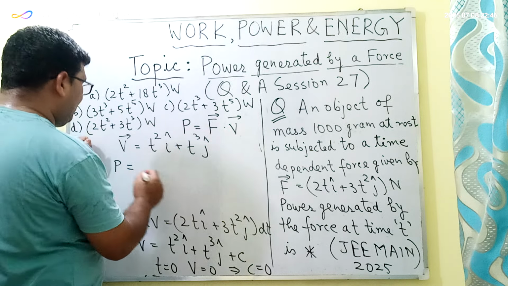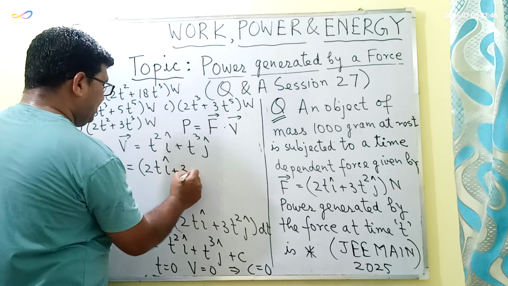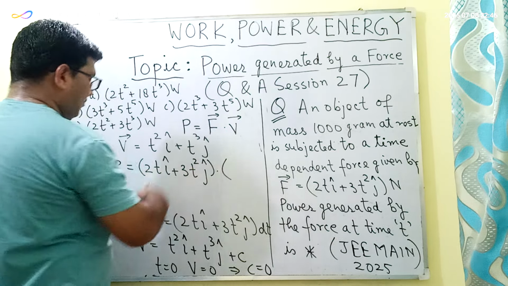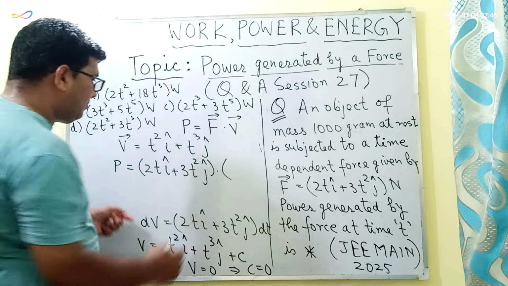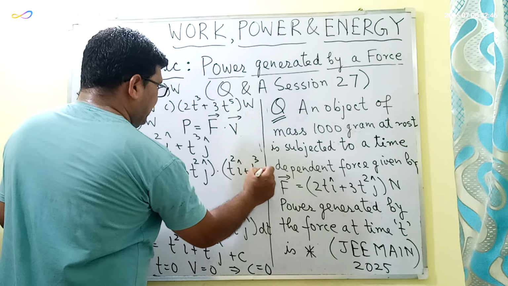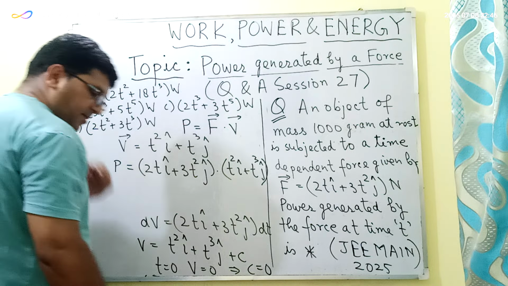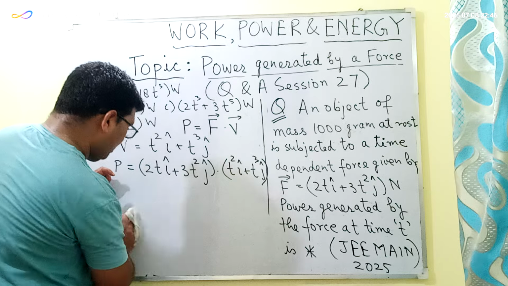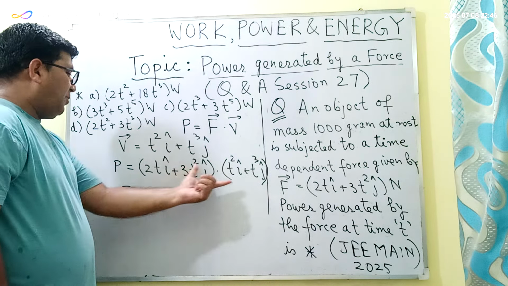The force is already given to us, which is equal to 2t i cap plus 3t square j cap, dot V. Because c is equal to 0, V will be equal to t square i cap plus t cube j cap. Now I have to simply find the dot product.